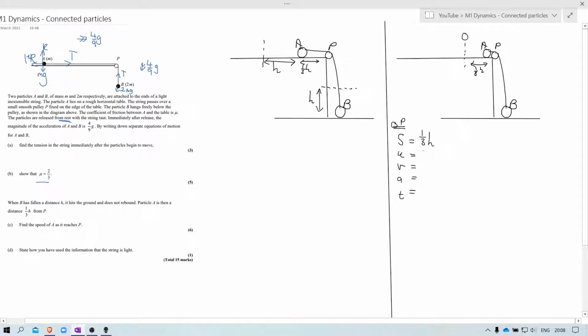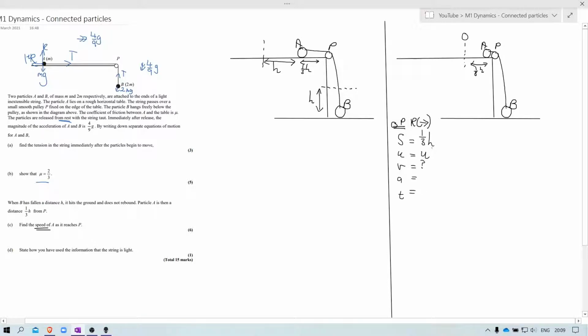meters to the right, so I'm going to resolve towards the right. All that means is I'm telling the examiner that I'm taking all the arrows, everything travelling towards the right as positive. What's its initial velocity when it was at O? We don't know, so I'm just going to write U. V, what's its final velocity when it reaches P? That's literally what the question's asking, so we'll put a question mark there.